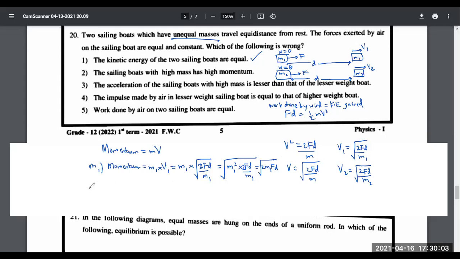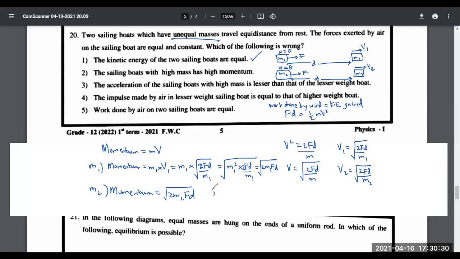And what is the momentum of m2? Without doing all those steps, you can directly say, what is it? The momentum of m2 is going to be equal to the square root of 2m2fd. So you look at the momentum: it depends only on m1 and m2 because 2fd are common for both the ships. 2 is anyway common, f is the same force, d is the same distance they travel.